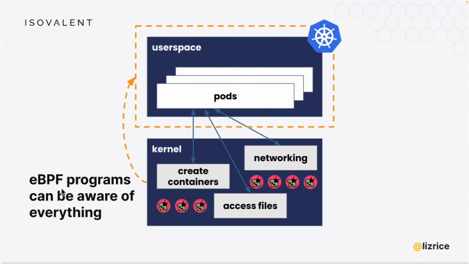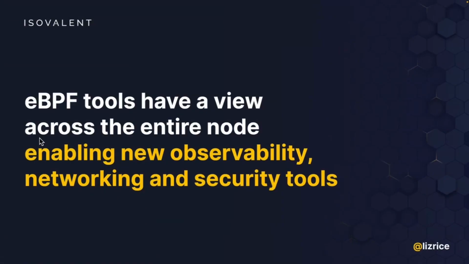If we instrument that kernel with eBPF, we can be aware of and we can affect what's happening on all of our pods without having to change those pods at all. So that is the basis for a whole new generation of observability tools, networking tools, and security tools that we can use in cloud native.